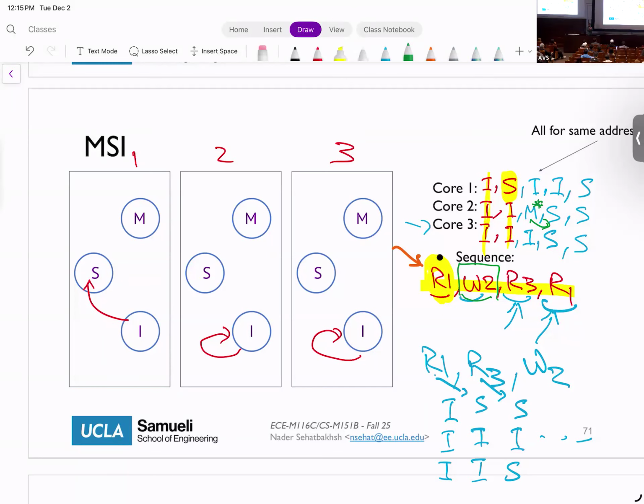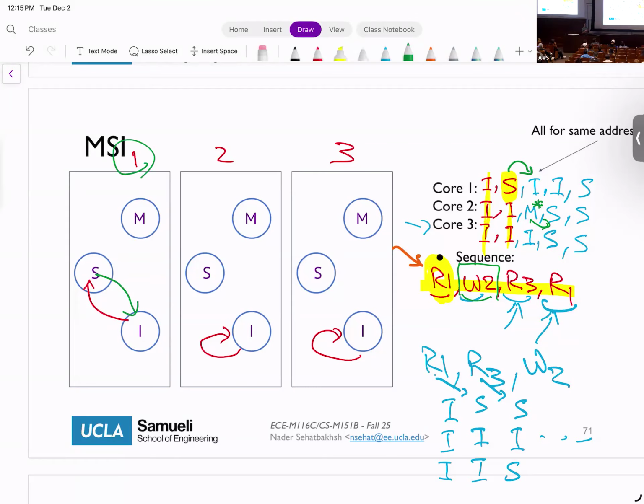Core number 1 will see that someone is trying to write to this address that it's caching, which means that now it needs to invalidate itself because the copy it has is no longer the correct copy, since someone is trying to update this line, right? So it no longer needs this line, so it will invalidate itself.